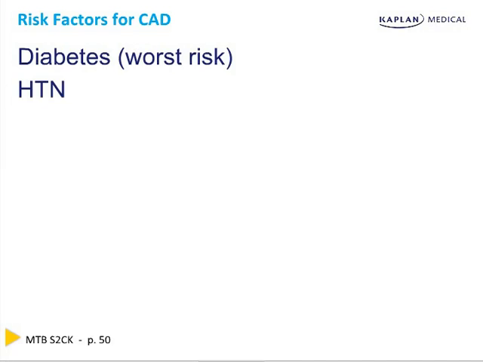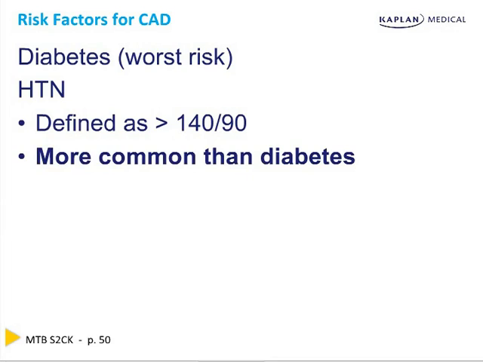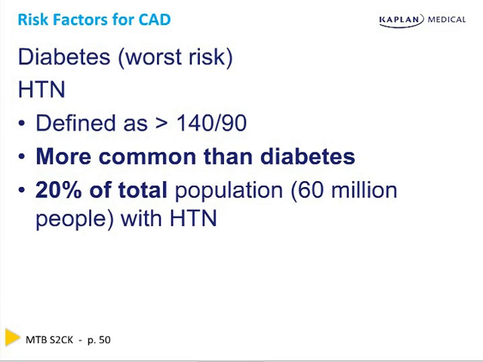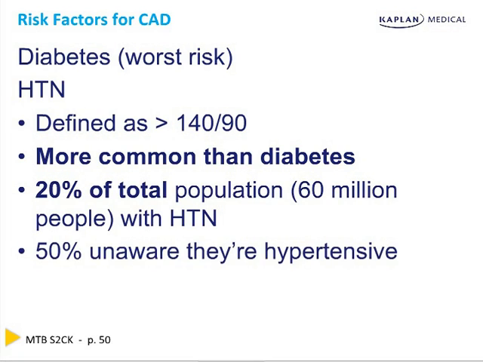Now, hypertension is the most common risk and is defined as having a high blood pressure above 140/90 in the general population. That's 130/80 in a diabetic, but it is much more common to have just hypertension alone than to have hypertension with diabetes. There are about 16 to 17 million diabetics in the United States, about 10,000 new diabetics a week, but there are 60 million hypertensives in the United States, 20% of the total population.